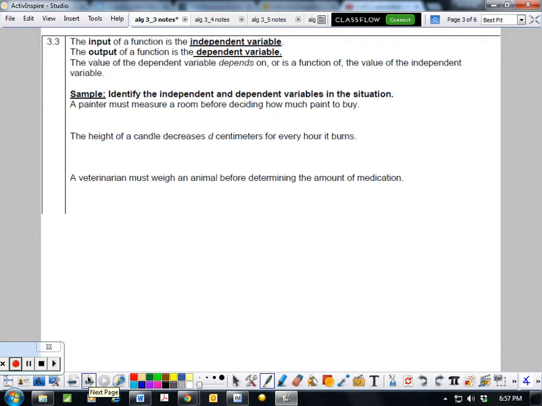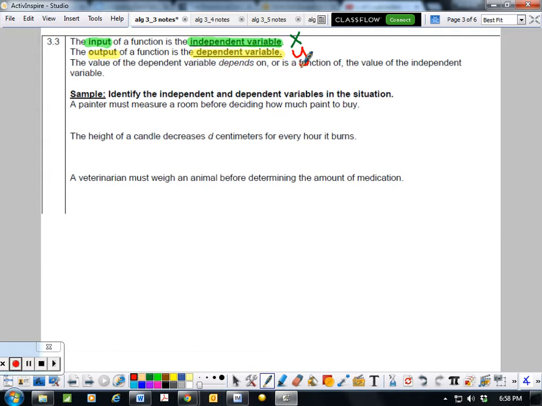Okay, the next thing we're talking about is our whole input and output. So the input of a function is known as our independent variable. Our output of a function is known as our dependent variable. So when I'm talking about input, I'm talking about our x value. When I'm talking about output, I'm talking about our y variable. So our input or independent variable is going to be x. Our output or dependent variable is y.